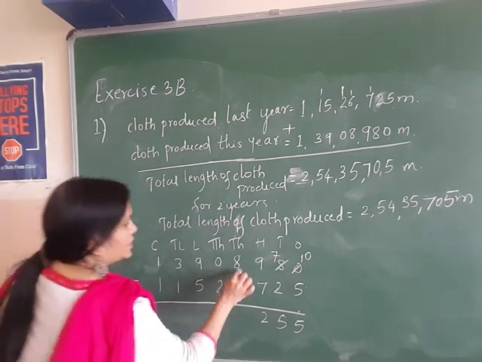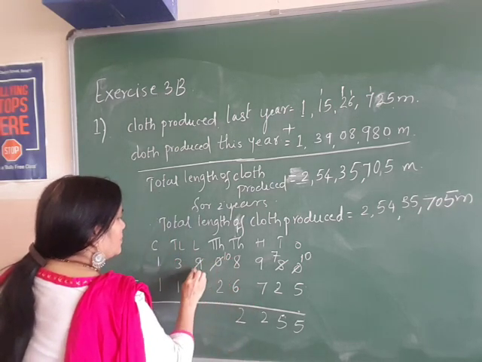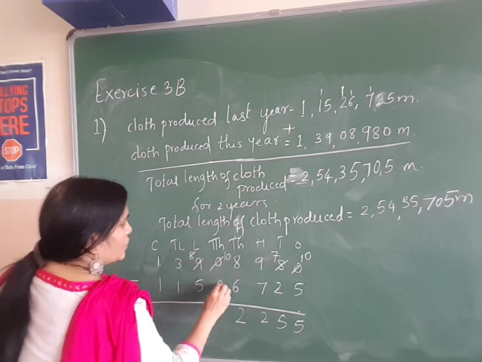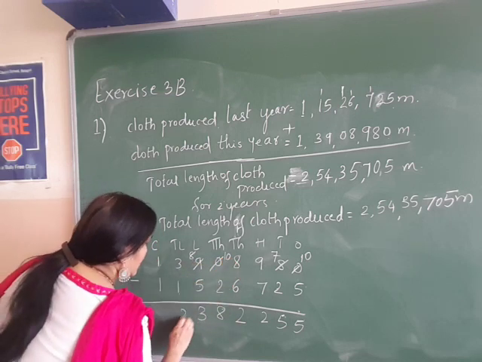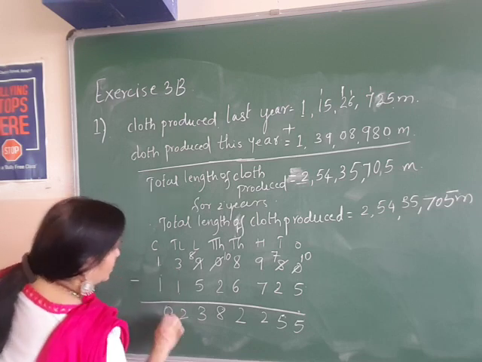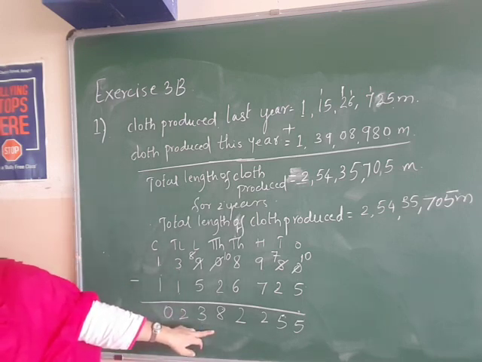So 8, 6, 2. 10 here again, 10. This will become 8. So 10 minus 2, 8. 8 minus 5, 3. 3 minus 1, 2. 1 minus 1, 0.